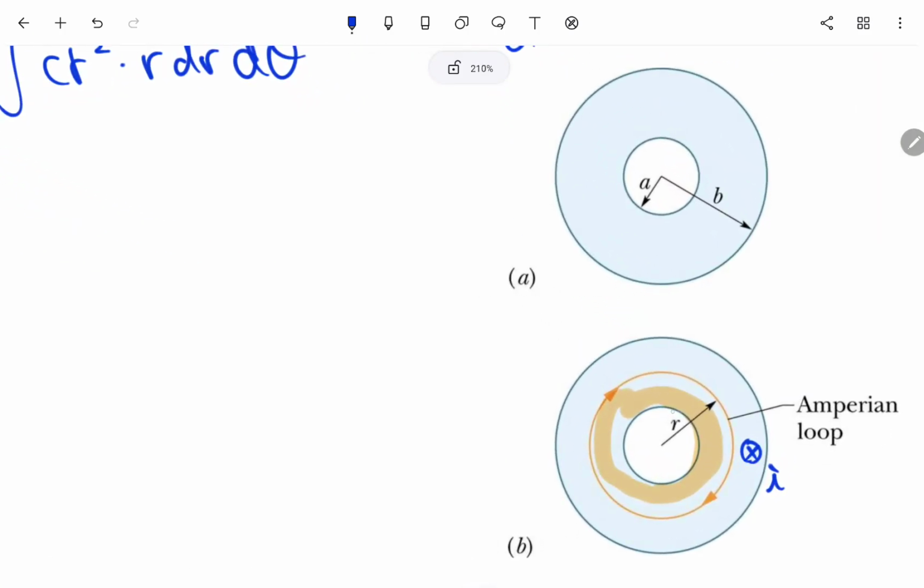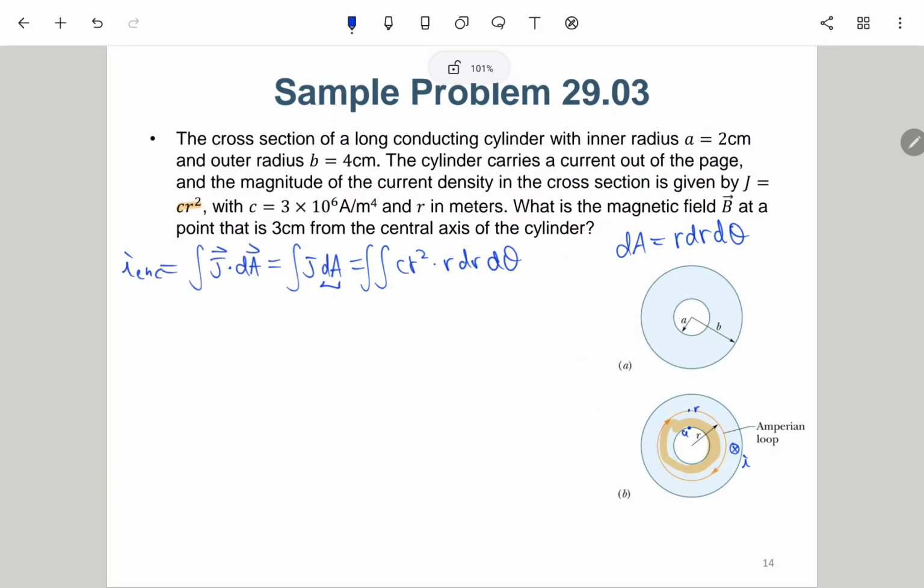Here, we integrate from a to small r. Let us put a prime here, so that the variable doesn't conflict with this one. And then for d theta, we still integrate from 0 to 2 pi, for the whole 360 degrees.